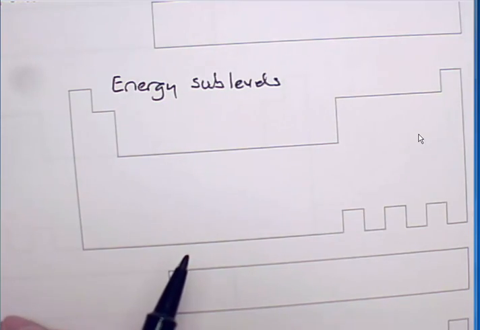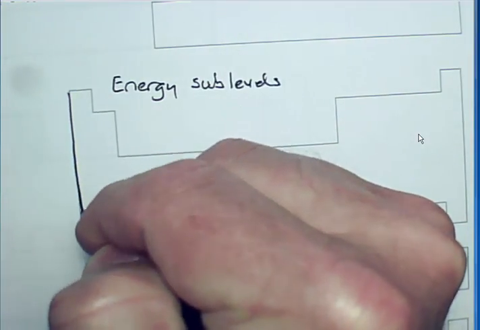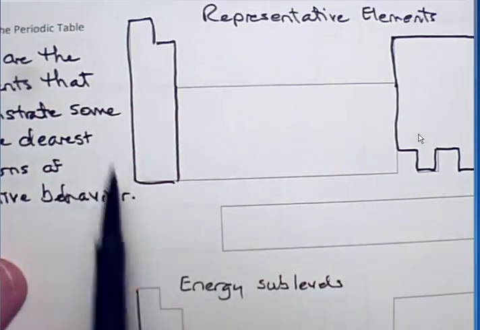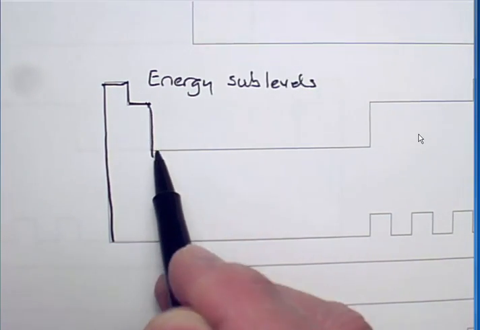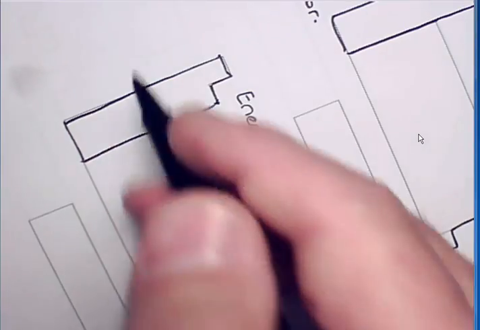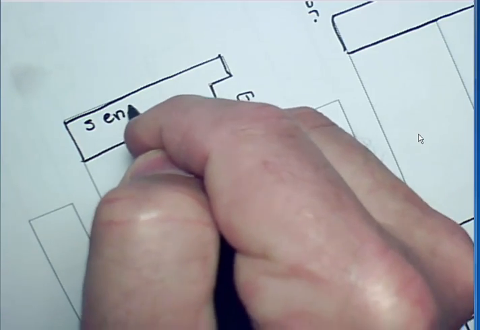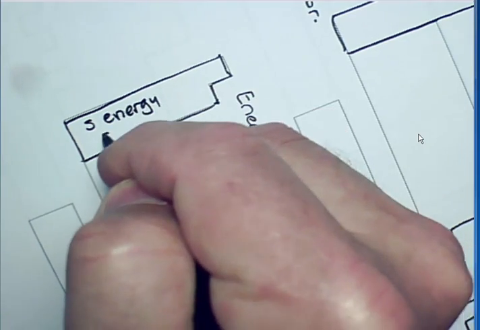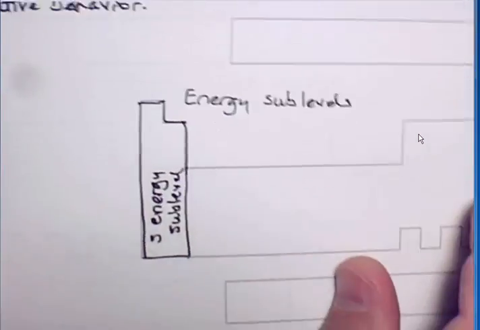Right now we're not going to talk about orbitals, we're only going to talk about these sublevels. This first part of the representative elements, these first two columns, represent what is called the S energy sublevel.